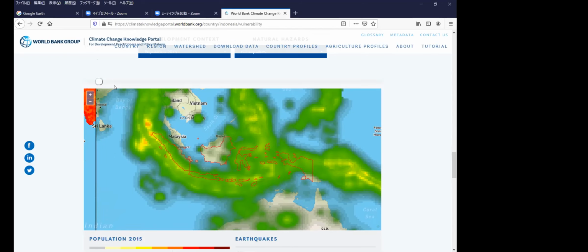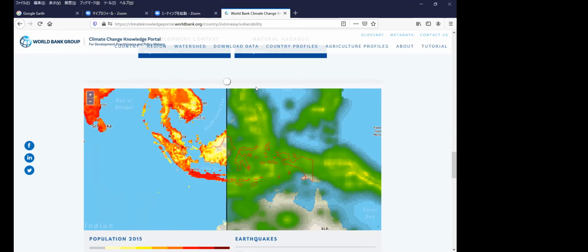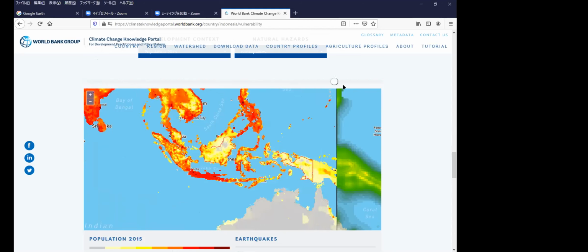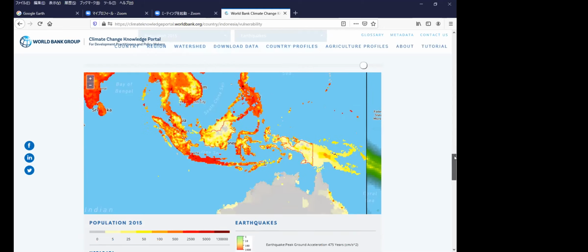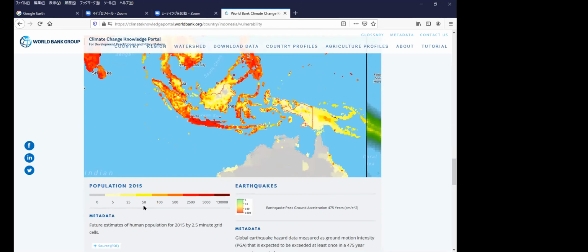And if we move this slide bar to the right side, we can know the population density as shown by this color bar.